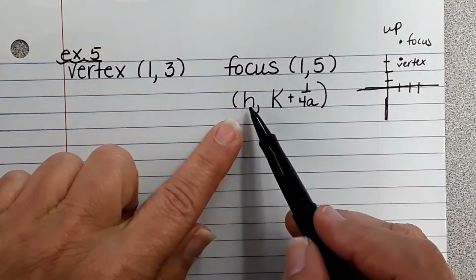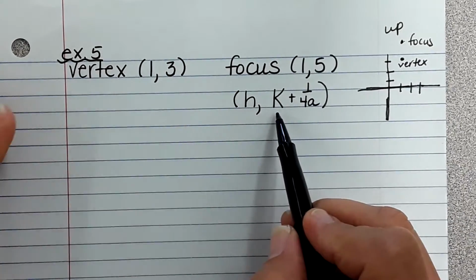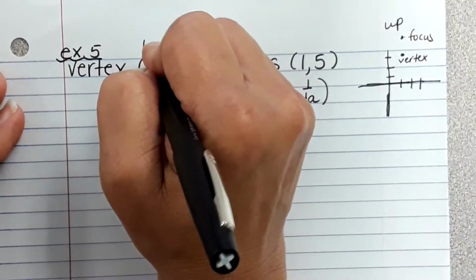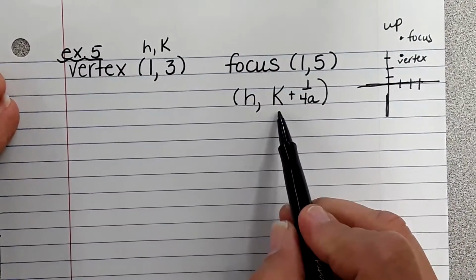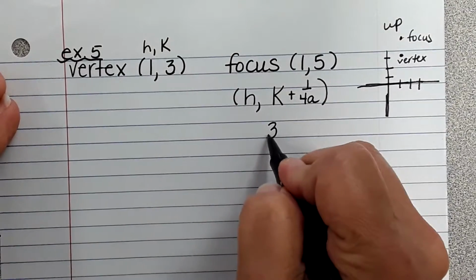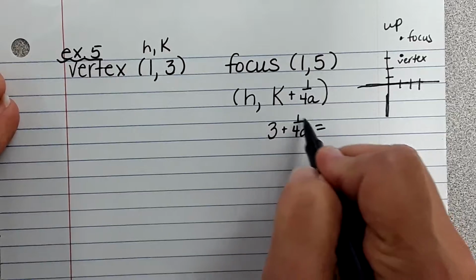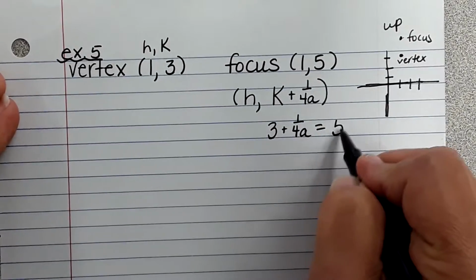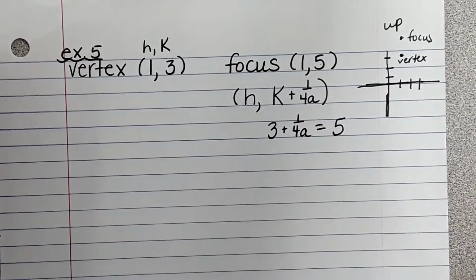Well, we know h is 1, so that's fine. What is k? Remember, a vertex is (h, k). So we know k is 3. We don't know a, but we do know this whole thing equals 5. How do I know that? Because 5 is in this place.